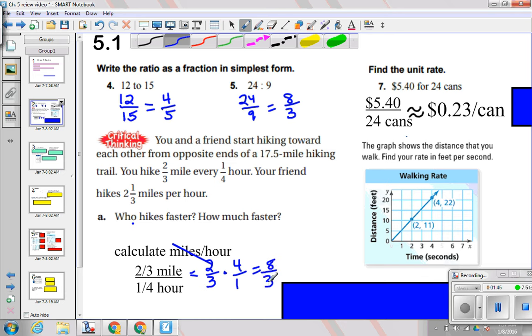So your rate is 2 2/3 miles per hour. So you are the faster hiker, and by how much? 2 2/3 minus 2 1/3 is that you're faster by 1/3 a mile per hour.